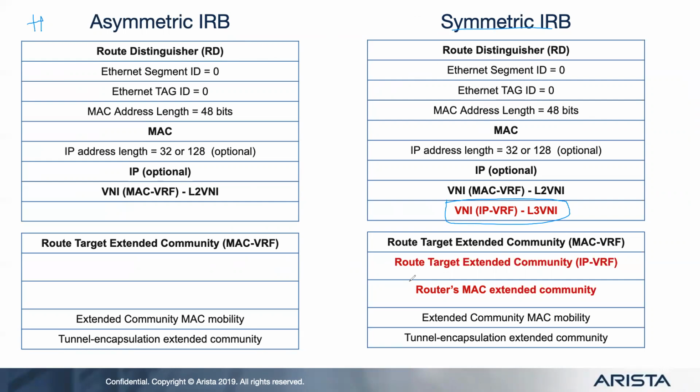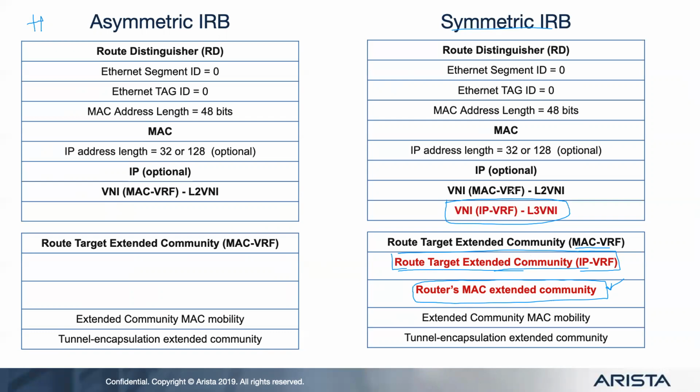You also have the route target for the IP VRF added. So you already have the MAC VRF, but now another route target for the IP VRF is also added into your type 2 route. And another is the router's MAC extended community. This is the MAC of your VTEP, the system MAC, or the MLAG system ID.